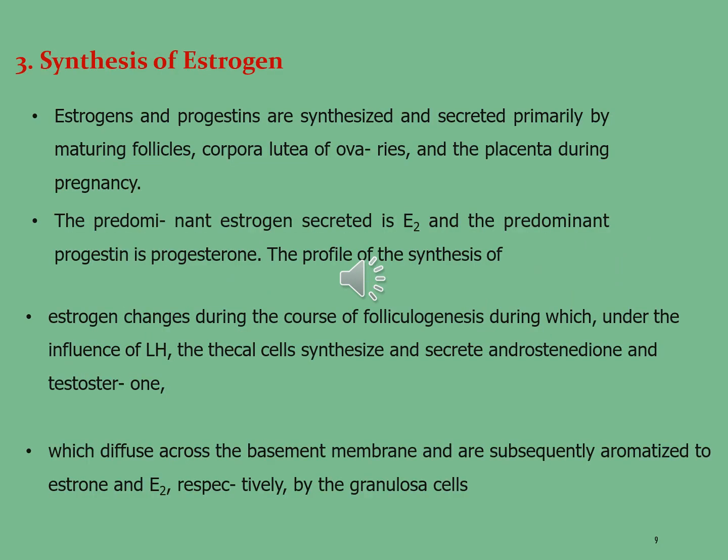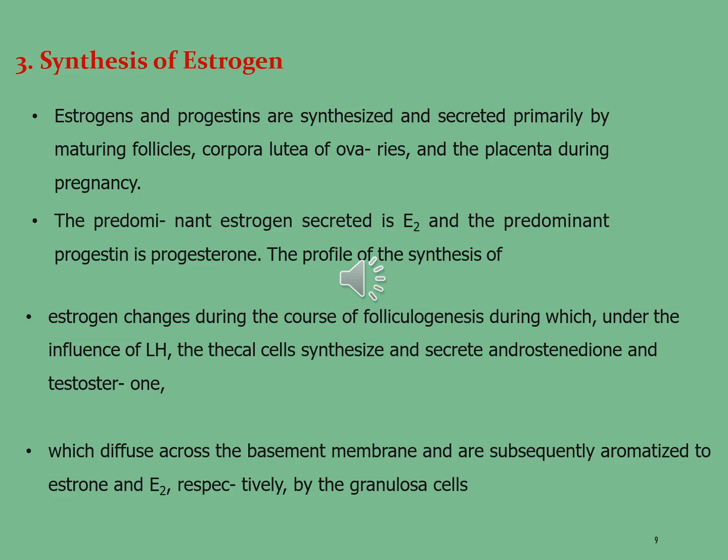Synthesis of estrogens. Estrogens and progestins are synthesized and secreted primarily by maturing follicles, corpora lutea of the ovaries, and the placenta during pregnancy. The predominant estrogen secreted is E2 and the predominant progestin is progesterone.